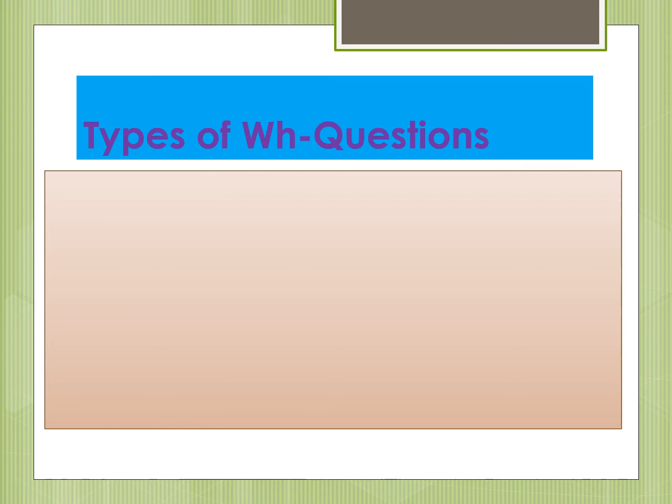Students, now we will see types of WH questions. There are two types of WH questions. The first type of WH question is with auxiliary verb.